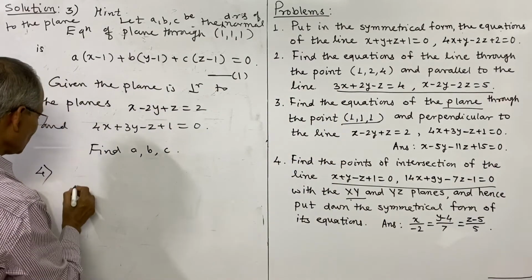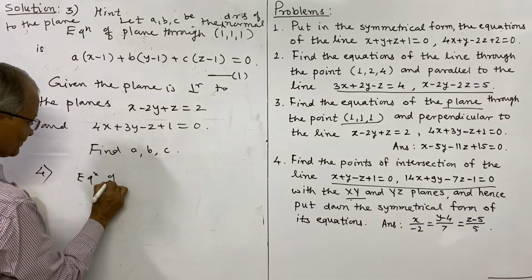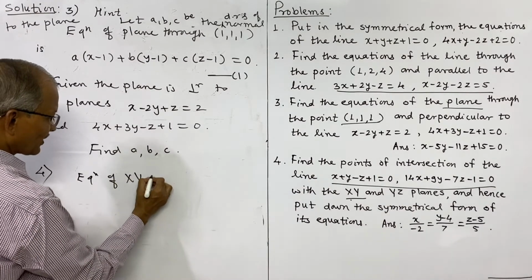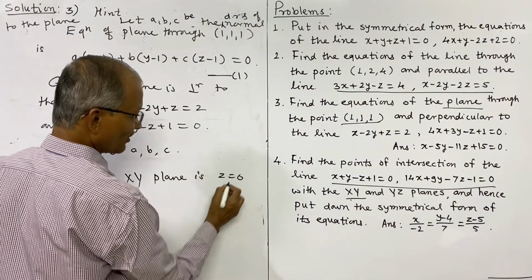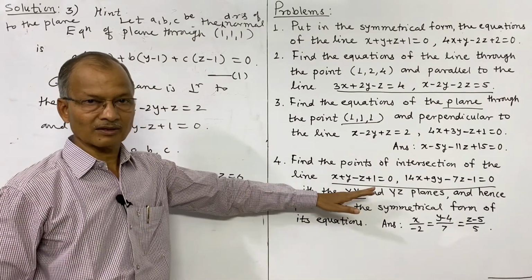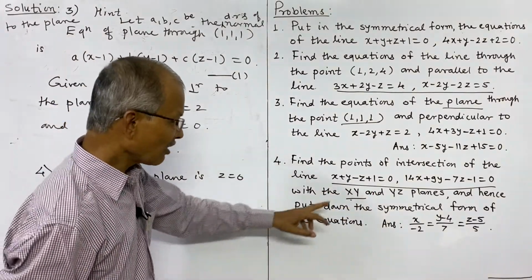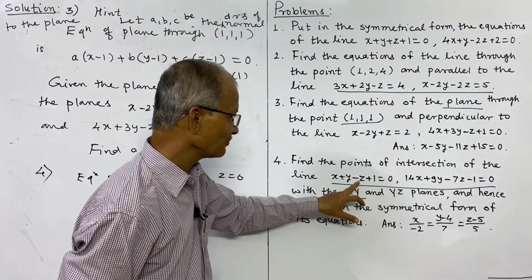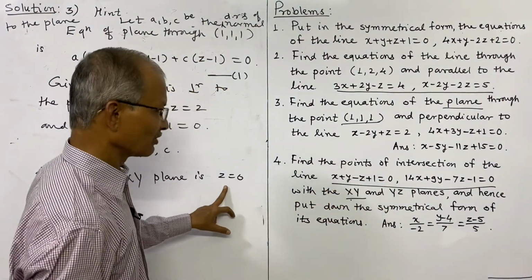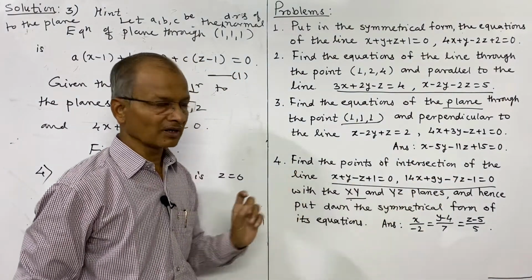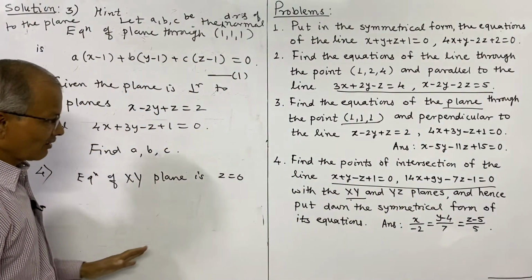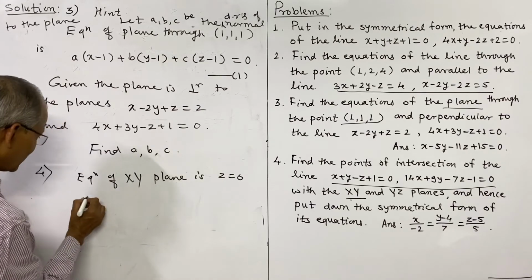And what is the equation of the xy plane? The xy plane is z is equal to 0. And we have done this in the theory also, in a problem. So how to find the point of intersection of these two planes with z is equal to 0? Put z is equal to 0, we will get two equations in x and y, and find the point, we will get 1 point.